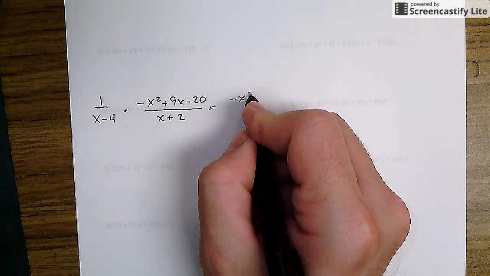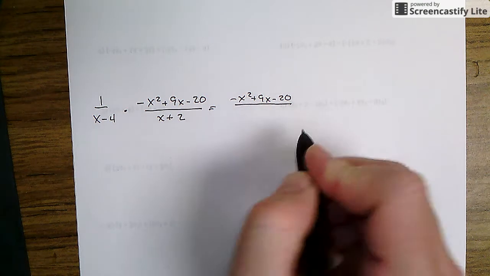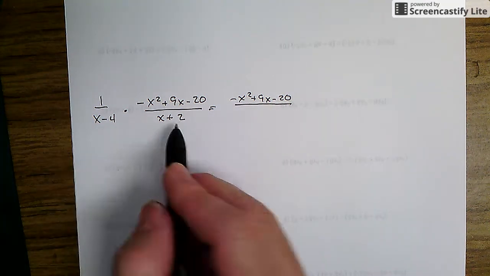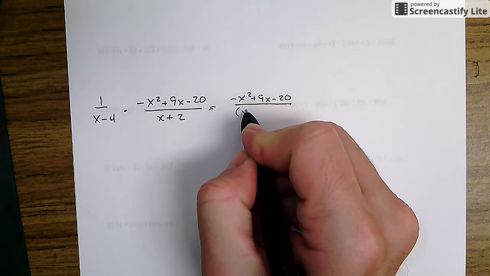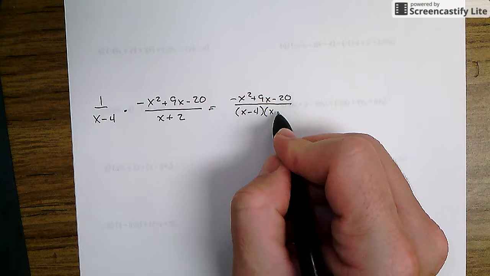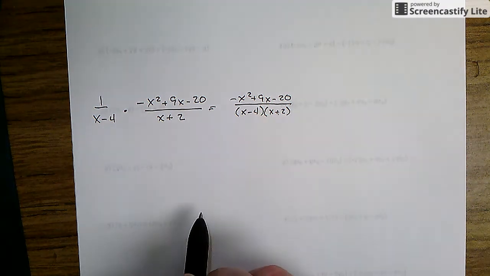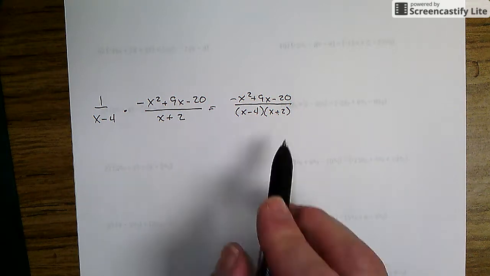So negative x squared plus 9x minus 20 over x minus 4 times x plus 2. And we're going to leave these in factored form. We're not going to multiply this together as a quadratic because we want to see if we can factor this numerator and simplify this rational function.